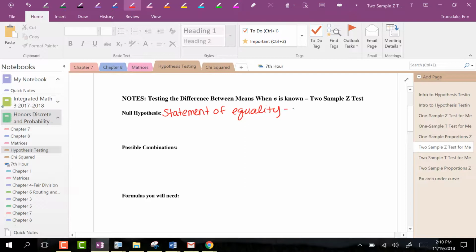Okay, so in this case, it's going to state that there is no difference between the parameters.